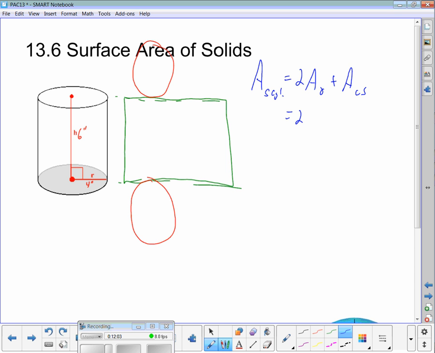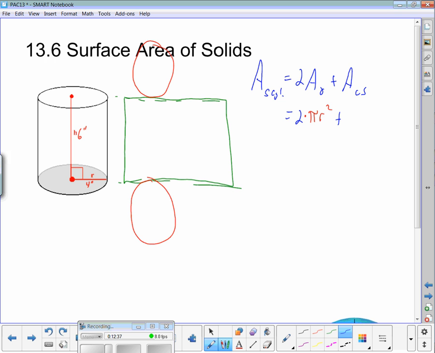Somebody raise your hand, tell me the formula to use for the area of a circle. Let me call on someone. Everybody thinking, formula for area of a circle. Natalie, what do you think? Not 2 pi r. Area of a circle. Antonio, area of a circle. Pi r squared. All right. And what kind of shape is our lateral surface?